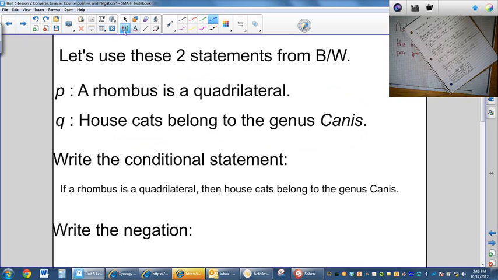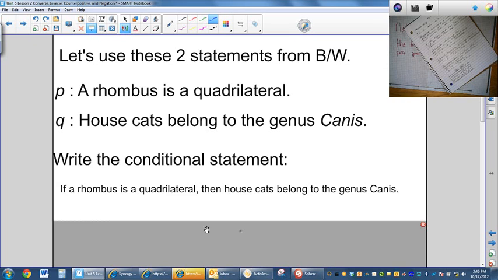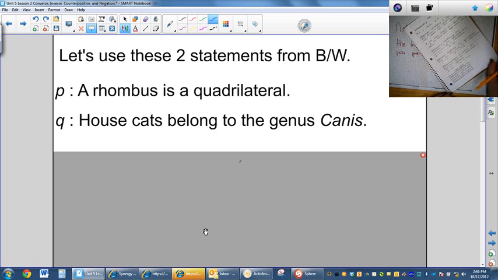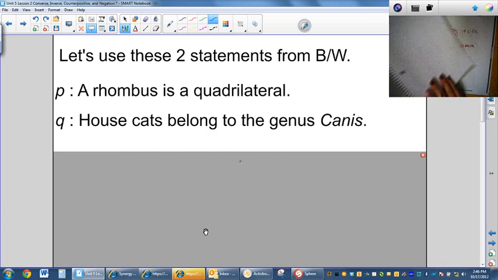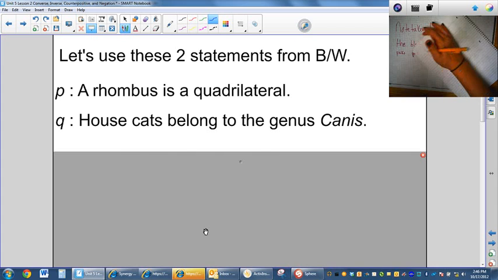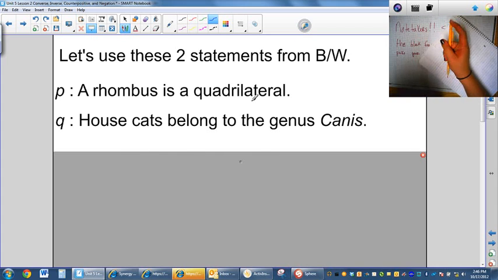Alright, let's use these two statements. P: a robin is a bird. Can someone please remind us, the truth value for P was what? The truth value for Q was what?